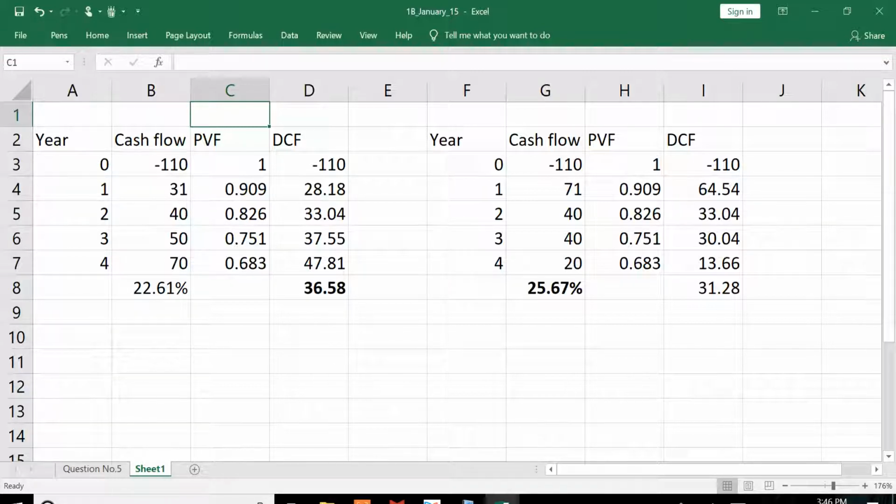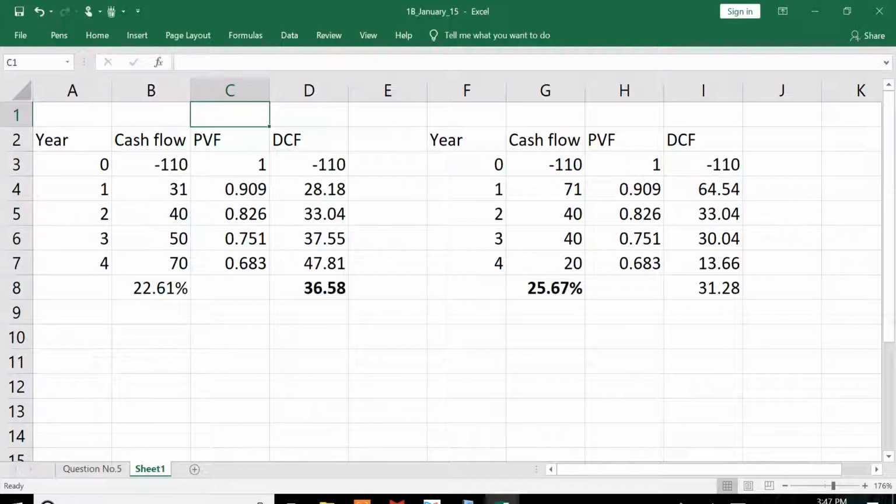I don't want to spend time on the IRR and NPV calculation. To do IRR, you need one positive and one negative, all of that remains the same.